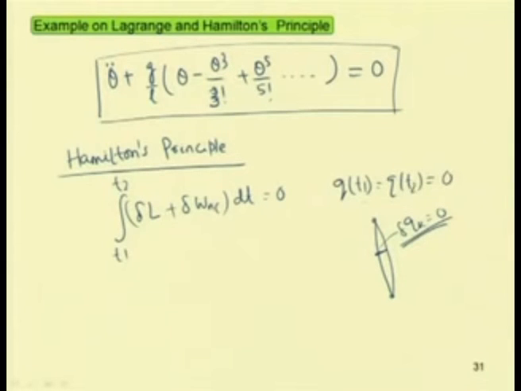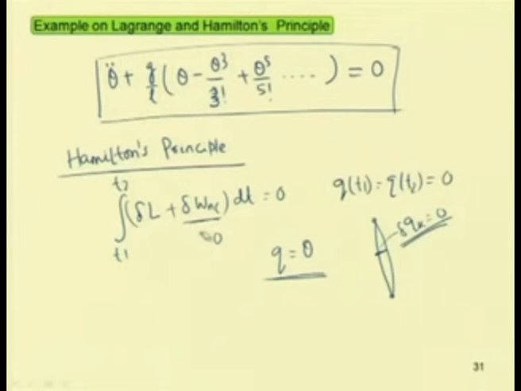So, q at T1 equal to q at T2 equal to 0, and in this case our q equal to theta. So, we can derive this equation by using this Lagrangian L. So, here delta WNC equal to 0 as there is no force acting on the system.